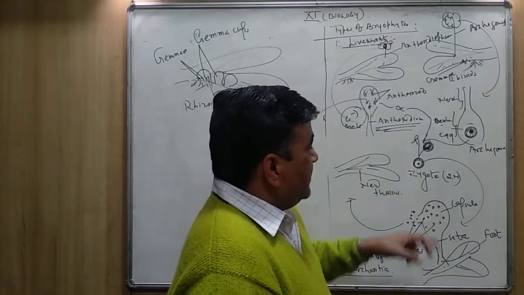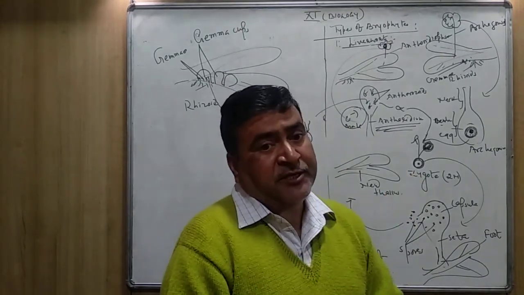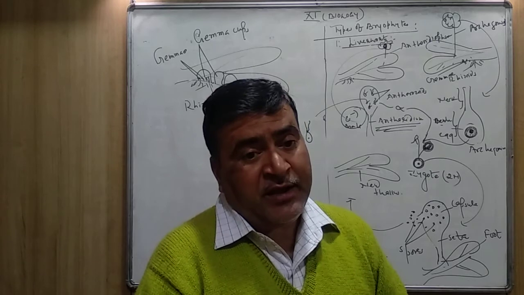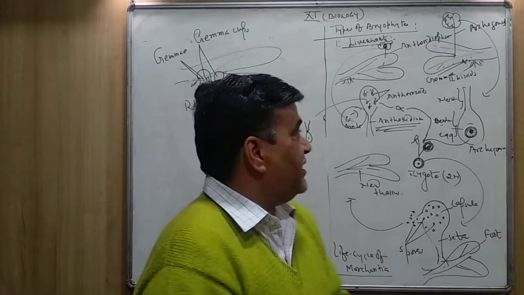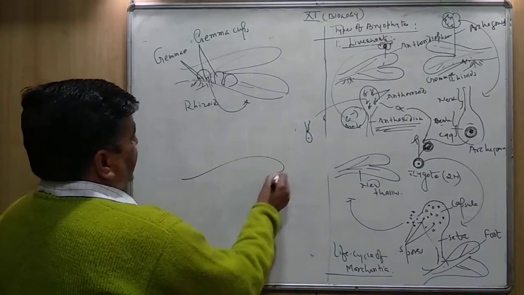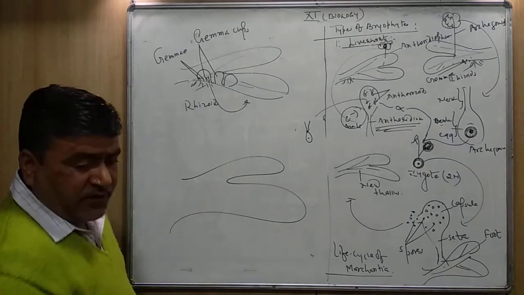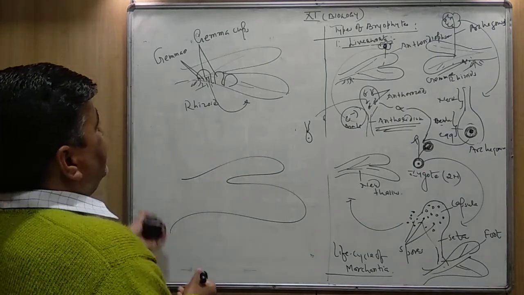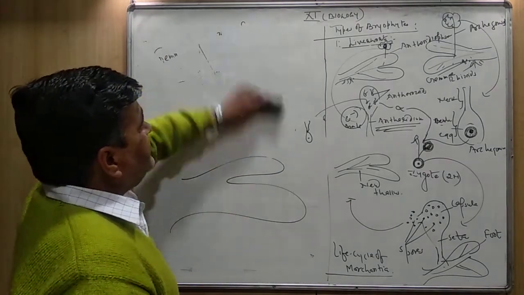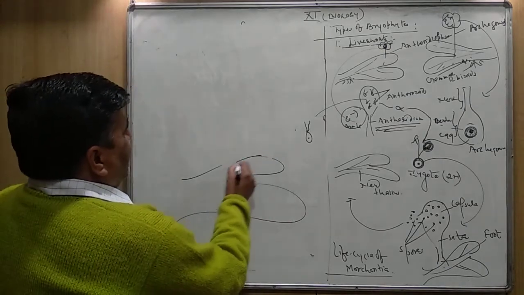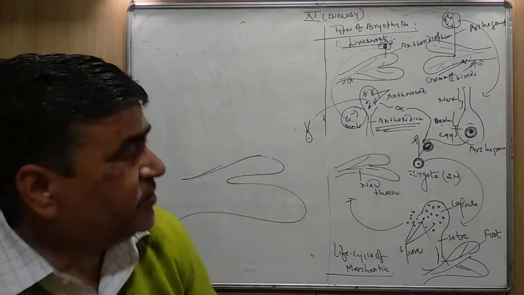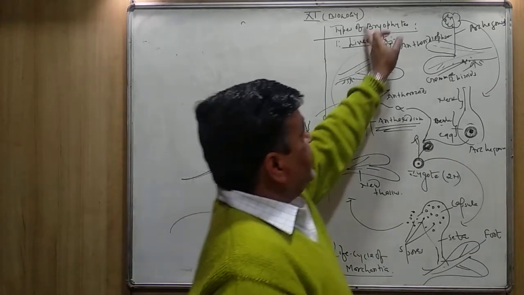So the zygote further develops into the embryo, then a new sporophytic plant on the same thallus. Suppose this is the thallus where the archegonium, all the events take place in the archegonium itself. The process of fertilization, where does it take place?